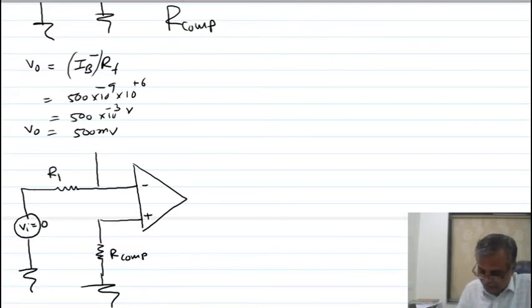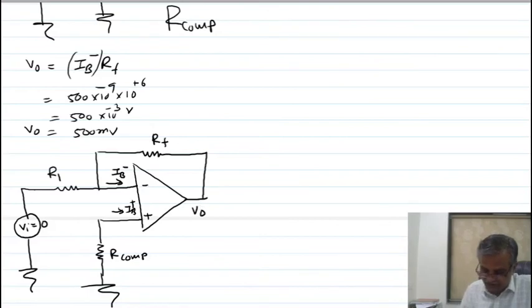Here, this is your feedback resistors RF, R1, this current is IB minus, this current is IB plus, and this is the output voltage.